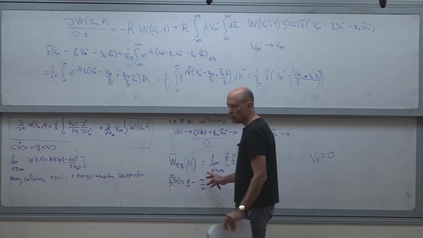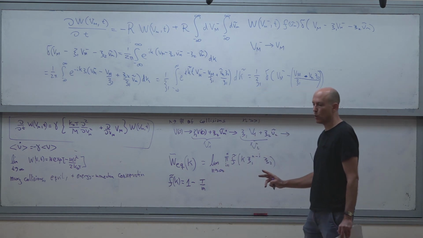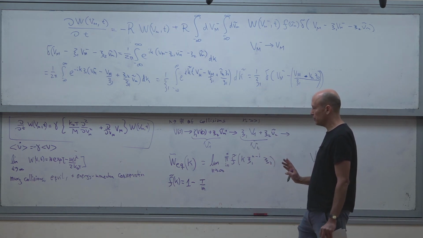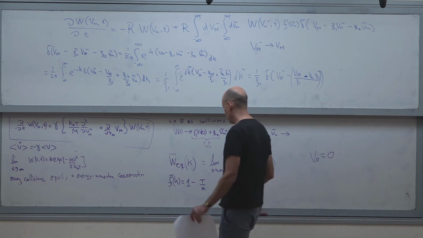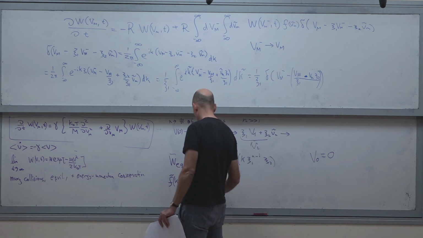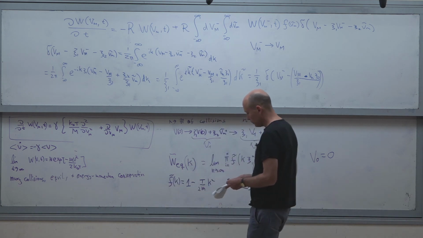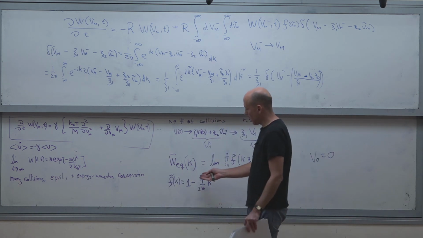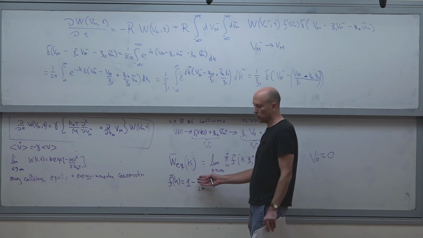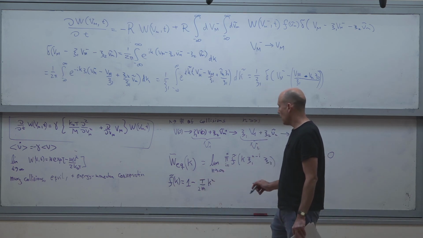This is just my definition of what is the velocity squared of the gas particle. This is just a definition. It's not anything deep. This is like before. I'm only assuming the average velocity of the gas particle is 0.